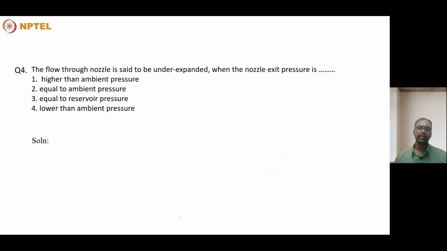The flow through the nozzle is said to be underexpanded when the nozzle exit pressure is higher than ambient pressure, equal to ambient pressure, equal to reservoir pressure, lower than the ambient pressure.